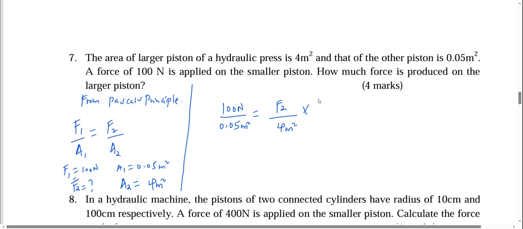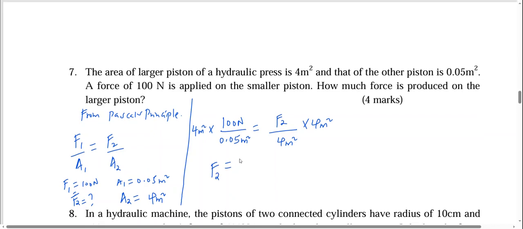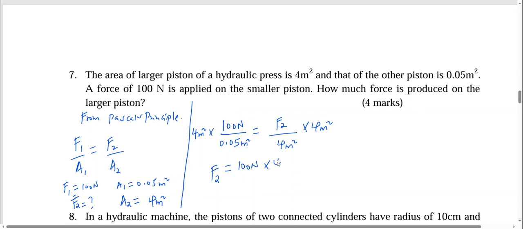So I multiply both sides of this equation by 4 square meter. I remain with F2 as 100 Newton times 4 over 0.05.